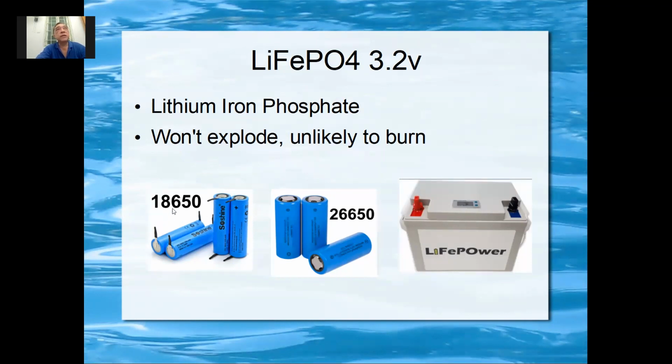This one is 18650, which is the same size as a lithium ion. And you have another type, 26650, which is 26 mm diameter, fatter. These are very common in storage batteries.